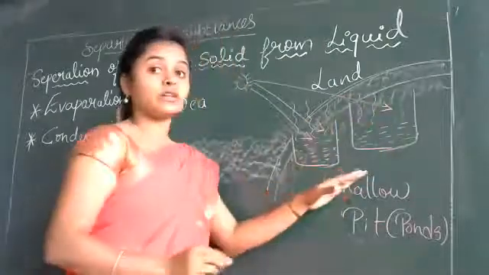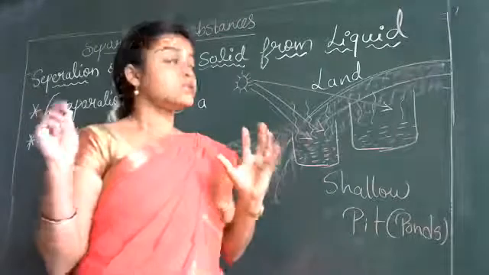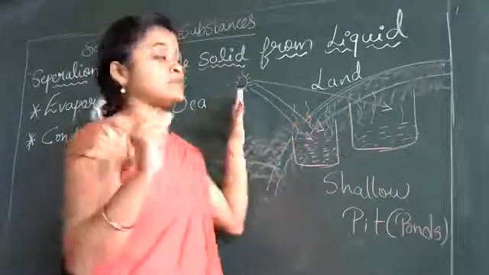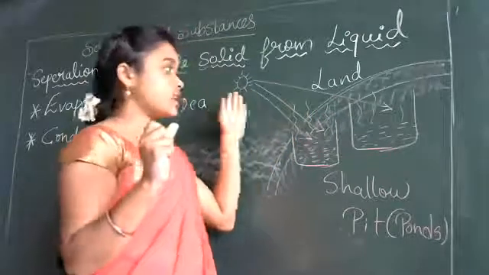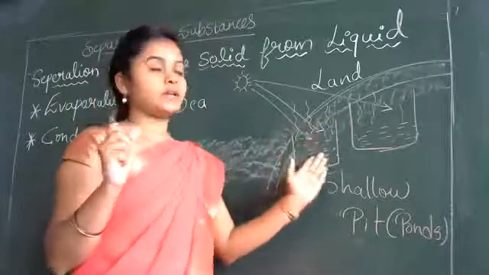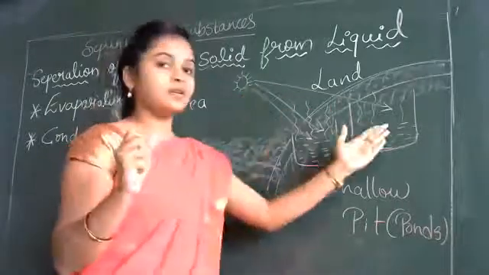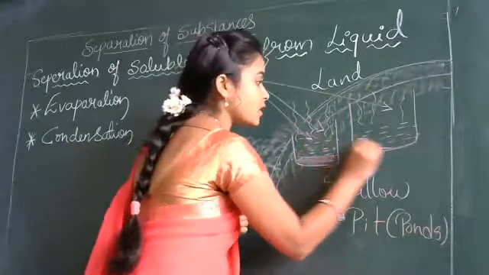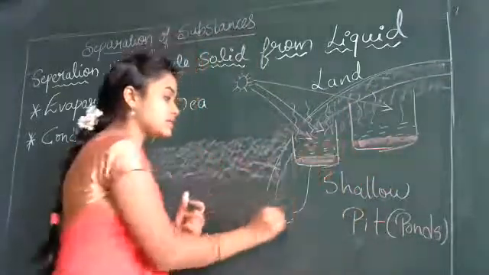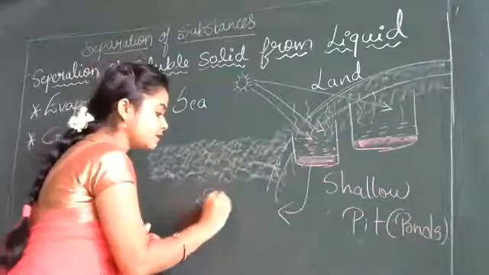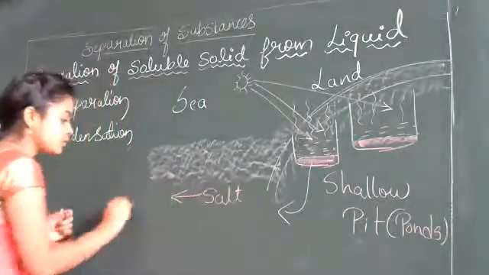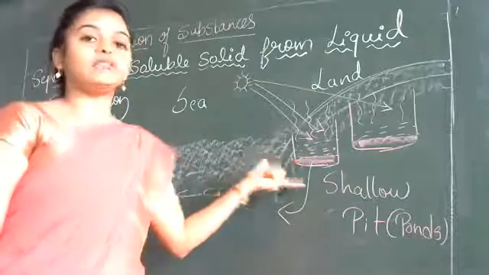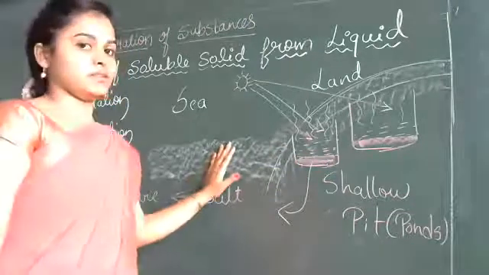We are not using any burner here because the pits are too big. To supply heat we use the natural sunlight, the natural heat of the sun. These are open only, right? So when the sunlight reaches this water, the water will start vaporizing, leaving behind what? Salt. Next, this salt is collected later and sent for making it pure. So in this way, we collect salt from the ocean.